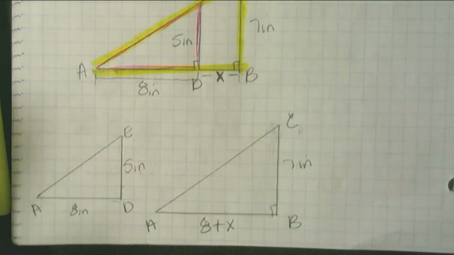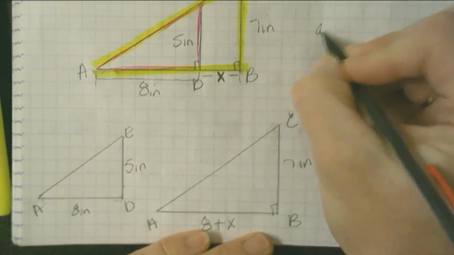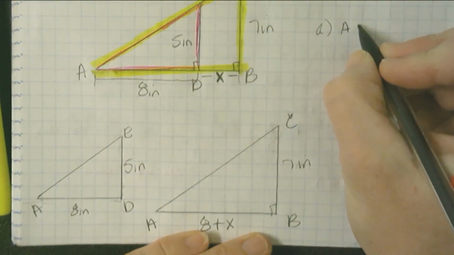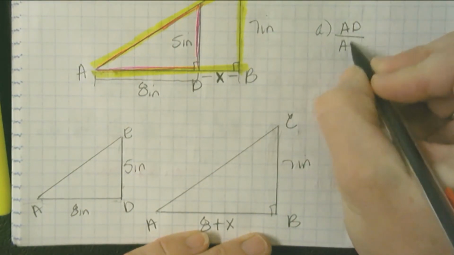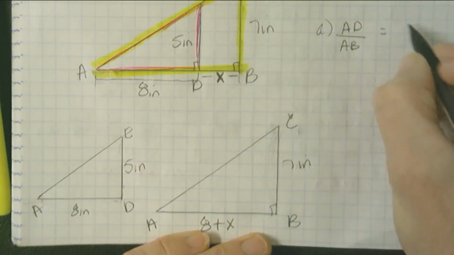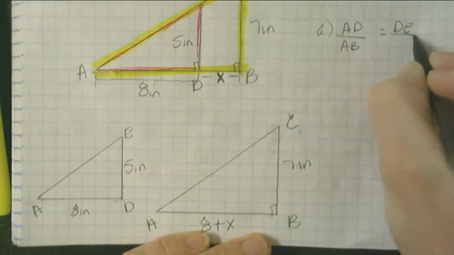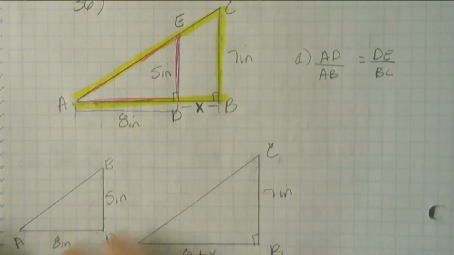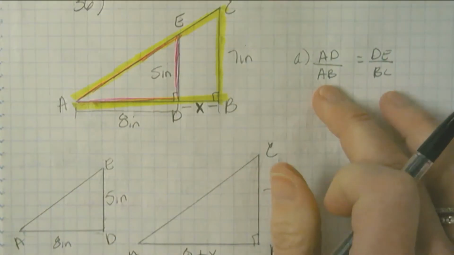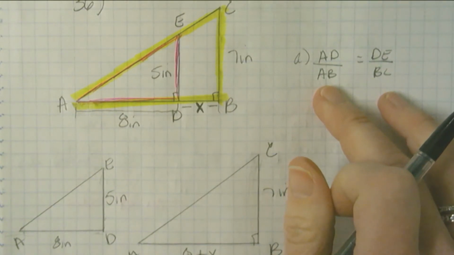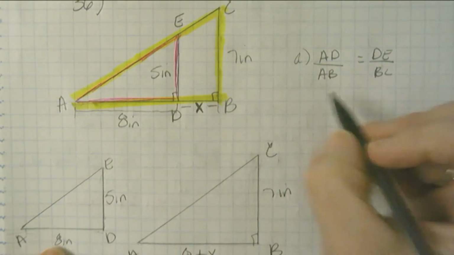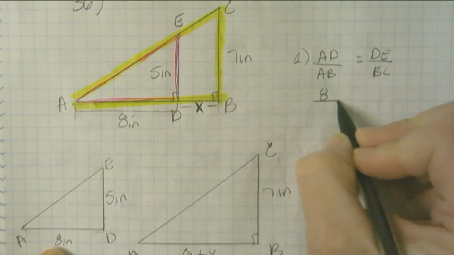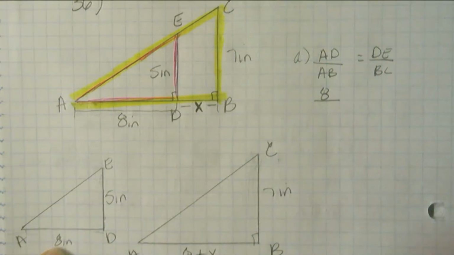All right, so now they tell us, substitute the values. So they tell us for part A, we want to do the proportion AD over AB is equal to DE over BC. So they're using sides from the same triangle to create our fractions. So AD is 8 inches. Oh no, I take that back. They're using corresponding sides.